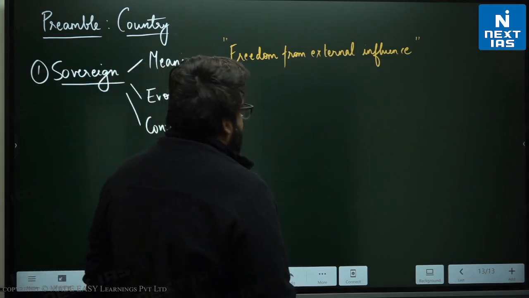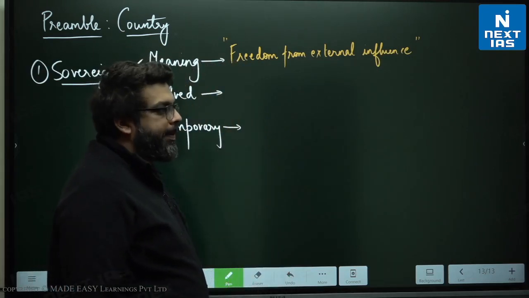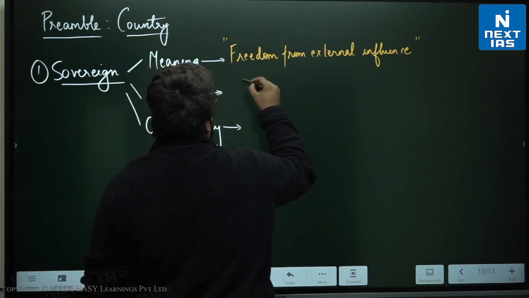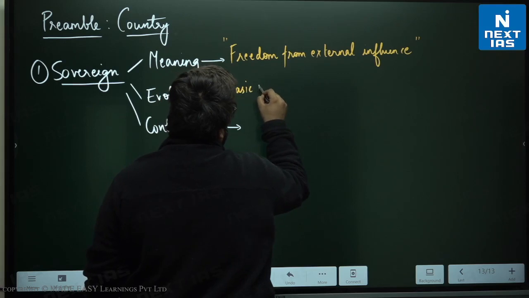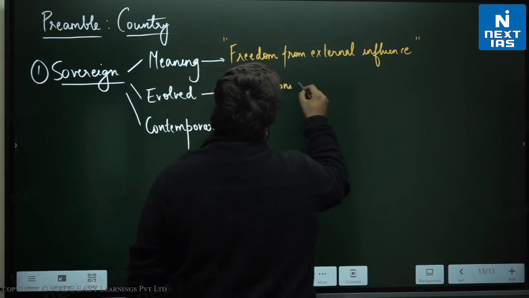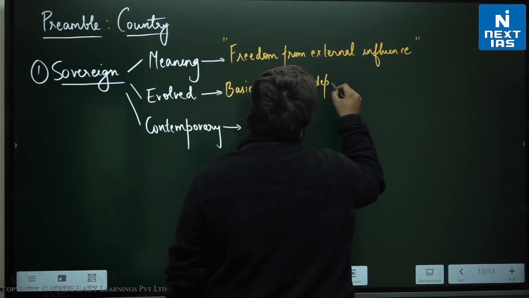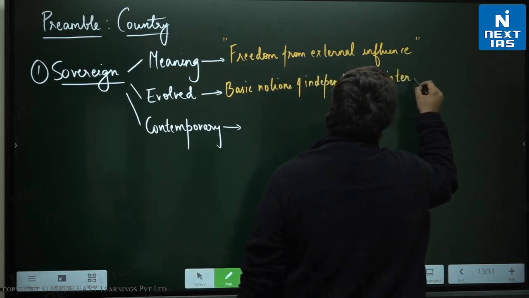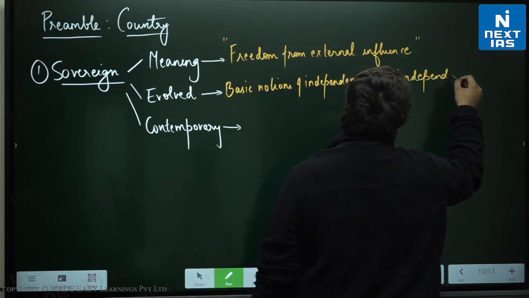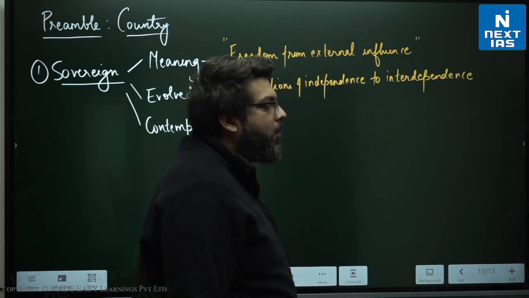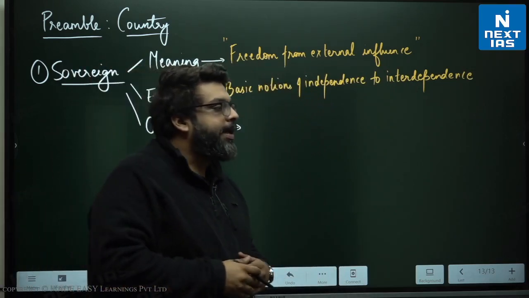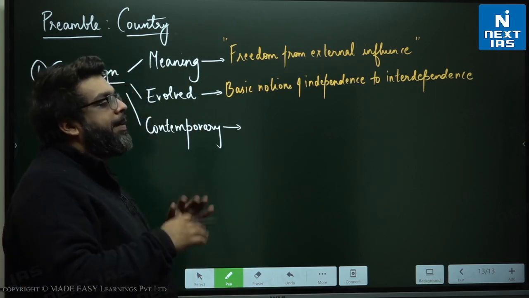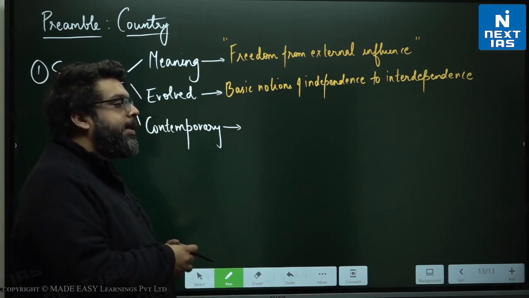Now, of course, when we look at it from an evolutionary perspective, we've understood that sovereignty has evolved from the basic notions of independence to interdependence, as we live in a globalized, interdependent, geopolitically active world, and there's absolutely no country which can survive on its own without collaborating with fellow nations.